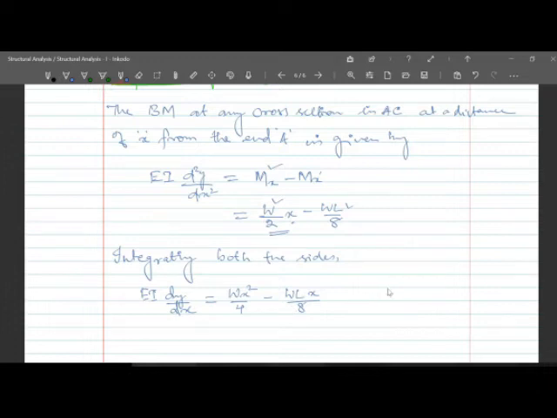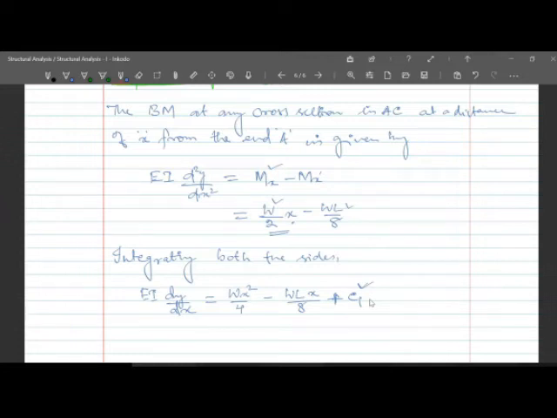And what is the general rule of integration? After the integration we will add a constant, that is C1. Let us say C1 is the constant. Now we need to find out the value of C1, which we will get from the boundary condition.